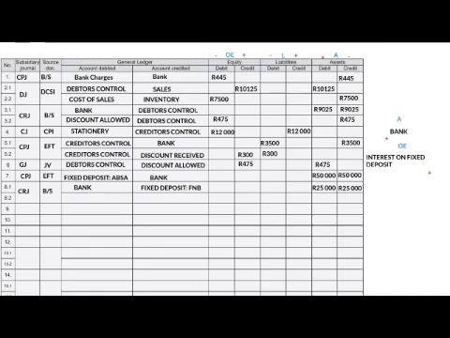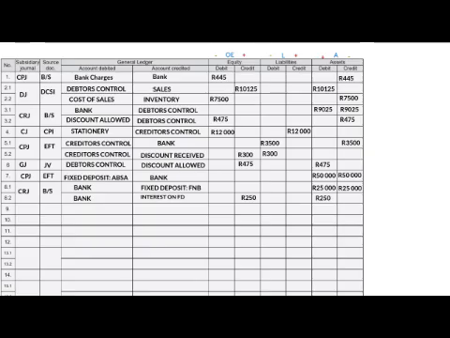So let's record this. Account debited is bank. Account credited is interest on fixed deposit. Owner's equity will have a positive effect of 250 Rand, and our bank will have a positive effect of 250 Rand.